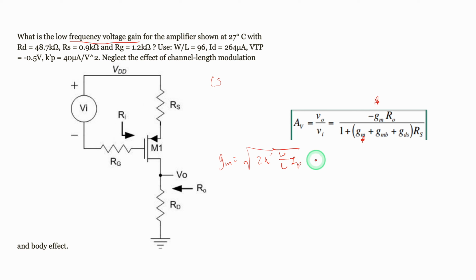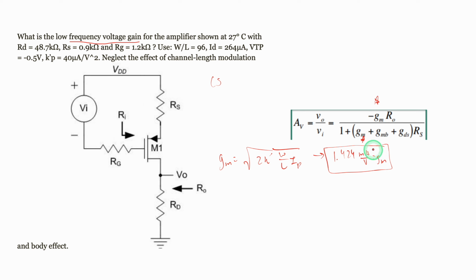And we have all of these values. So we're going to take this and plug it in, and that's going to give us about 1.424, in milliamps per volt. So milliamps per volt is equal to our GM. We would need to plug that into the top and the bottom part.